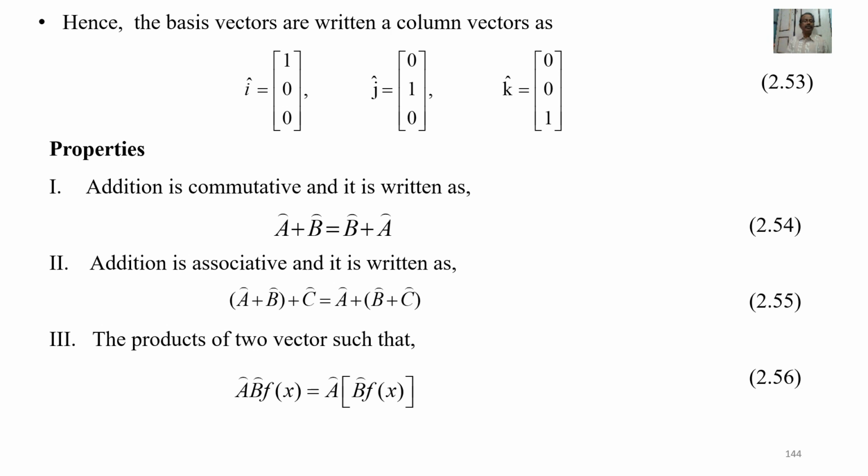The properties. Addition is commutative and is written as a plus b equals b plus a. Addition is associative and is written as a plus b plus c equals a plus b plus c. The product of two operators is such that AB operating on the function f of x equals A operator operating on B operator operating on f of x.